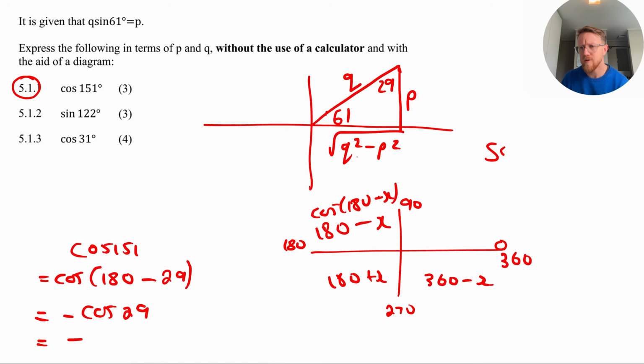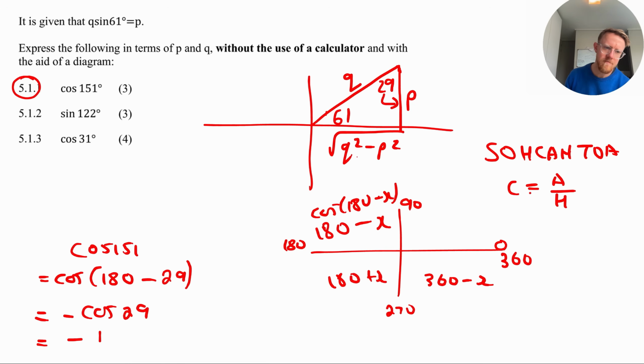And we know from SOHCAHTOA that cos is adjacent over hypotenuse. So from this angle here, the adjacent is P and the hypotenuse is Q. And so we can say negative P over Q.